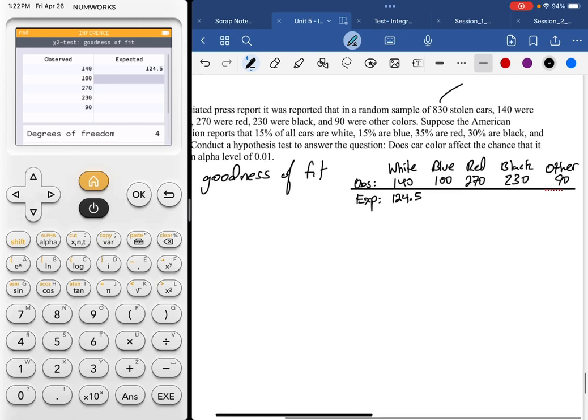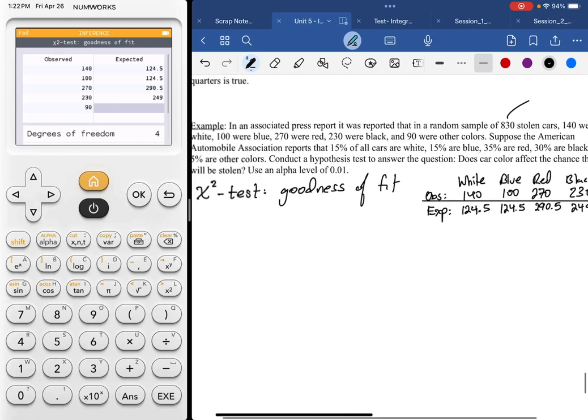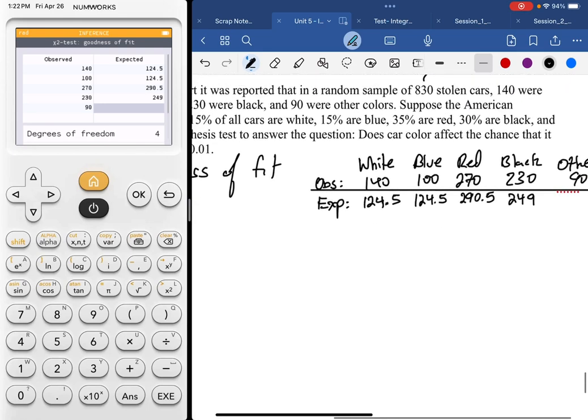15% are blue, so that should also be 124.5. 35% are red, so 0.35 again times 830. So 290.5. 30% are black, so 249. And 5% are other colors.